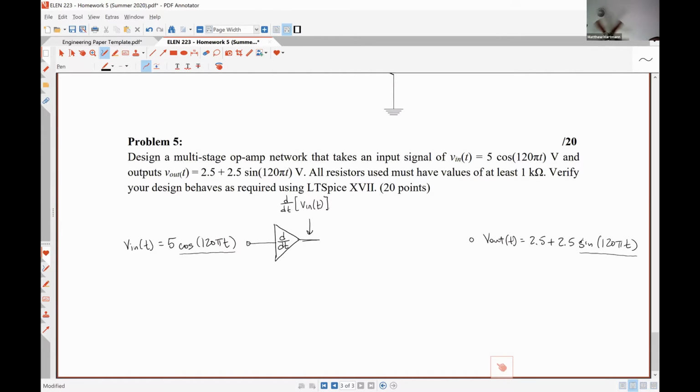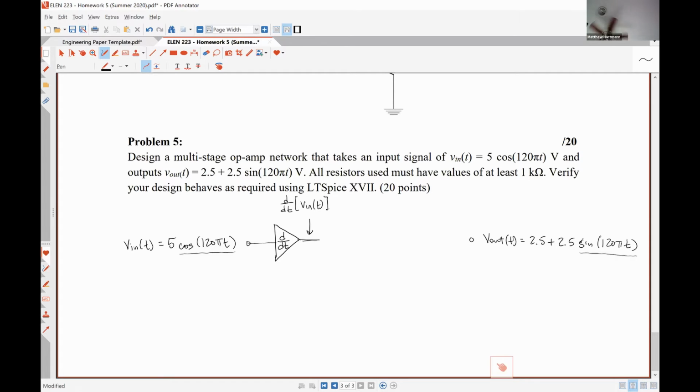Because the derivative of 5 cosine 120 pi t is going to be, let's see, negative 5 times 120 pi t. Or excuse me, negative 5 times 120 pi times sine 120 pi t.